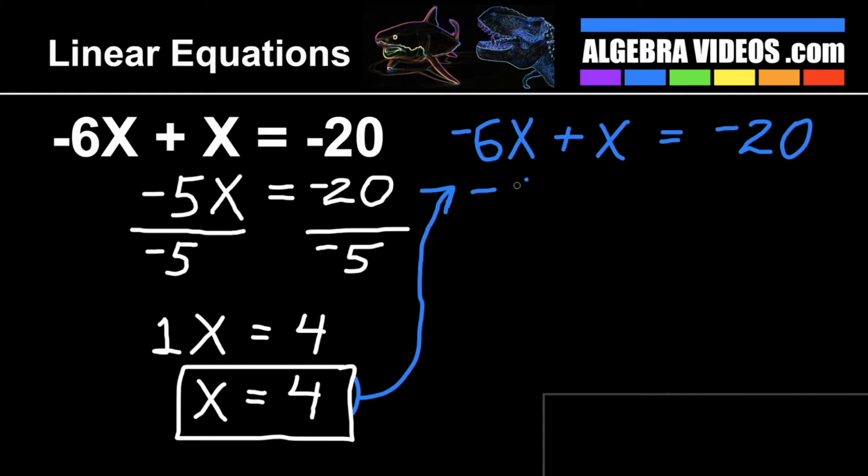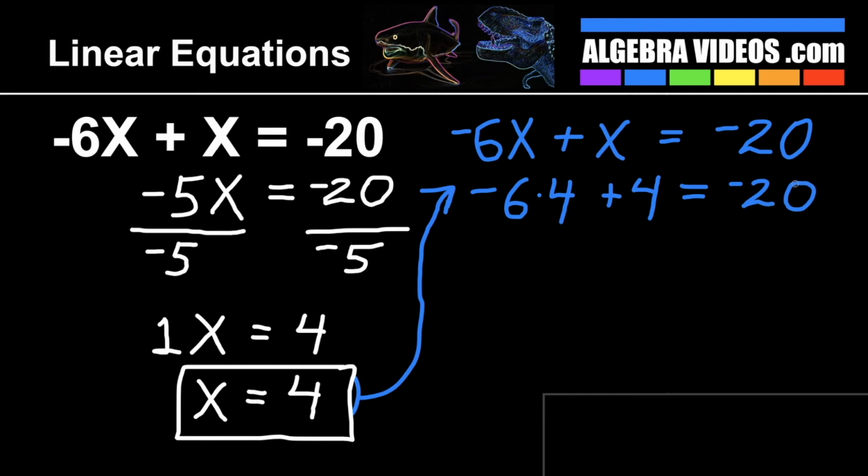So I'm going to rewrite this now, negative 6. But for x, I'm going to plug in our solution of 4. So instead of negative 6 times x, it's going to be negative 6 times 4 plus x. But once again, we're plugging in the number 4 anywhere there's an x. And that equals negative 20.